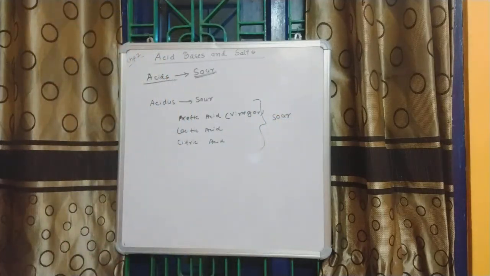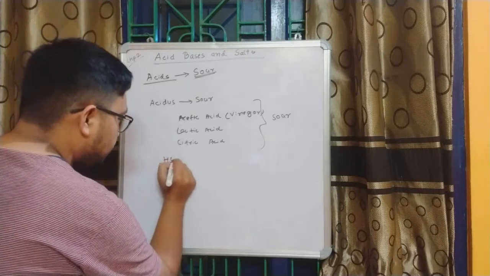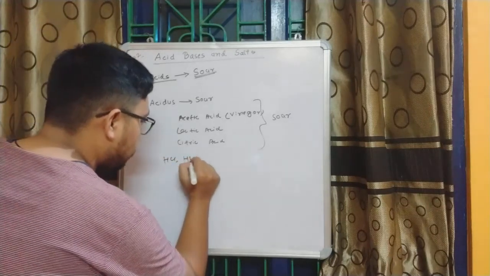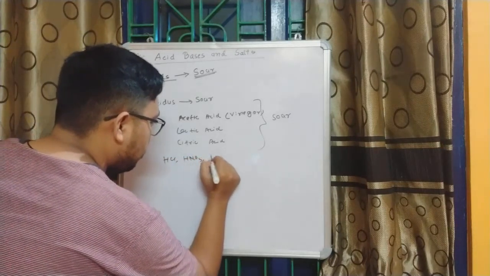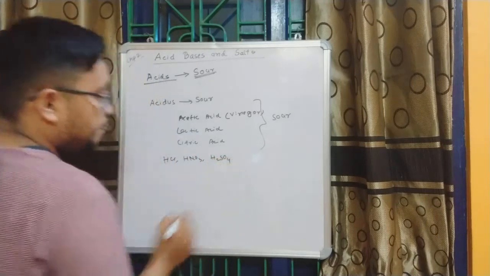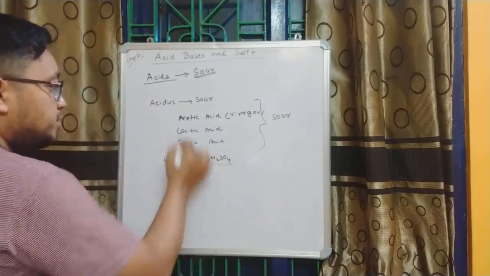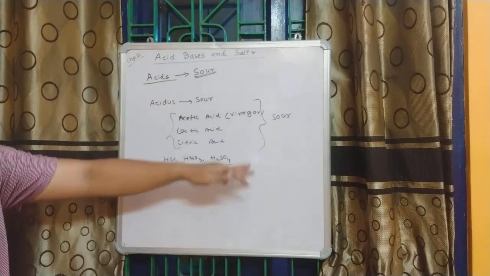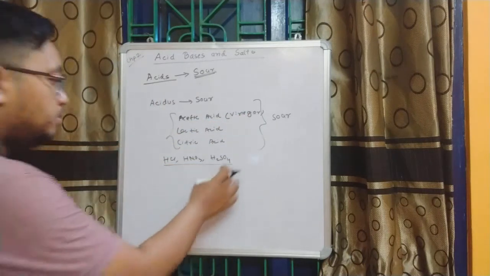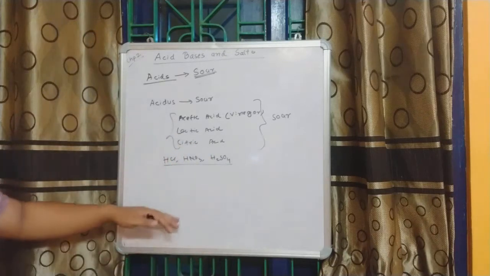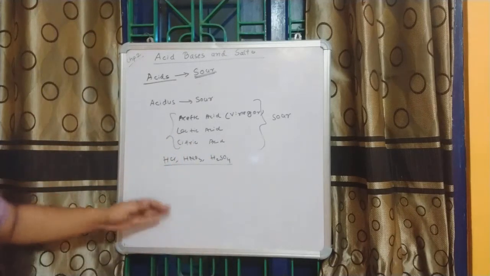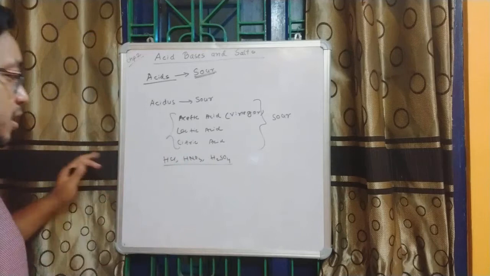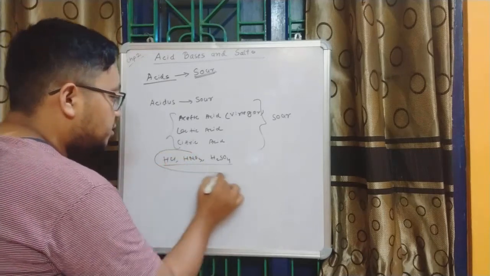But what about other acids like HCl, HNO3, H2SO4? These are also acids. Can we taste them and tell their taste? It is not totally safe to taste this kind of acids because they are mineral acids and they are very strong.